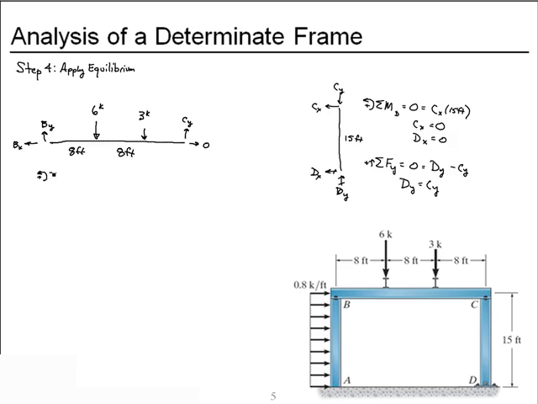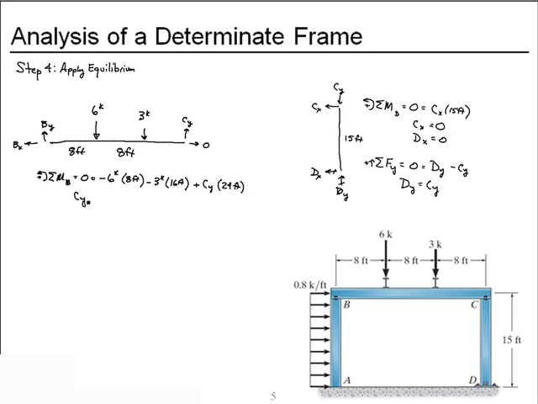We'll go counterclockwise. So the 6 kips acting through 8 feet, 3 kips acting through 16 feet, and Cy acting through 24 feet.